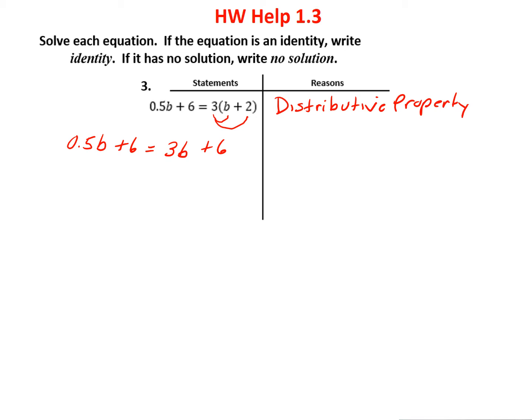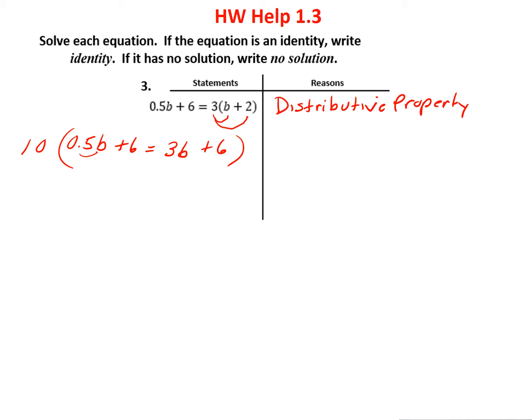Okay. Now, if you wanted to at this point, you could say, I don't want a decimal here. So to get rid of the decimal, I would multiply by 10. That would move the decimal point to the right. But to do that, you remember you have to multiply everything, both sides, by 10.